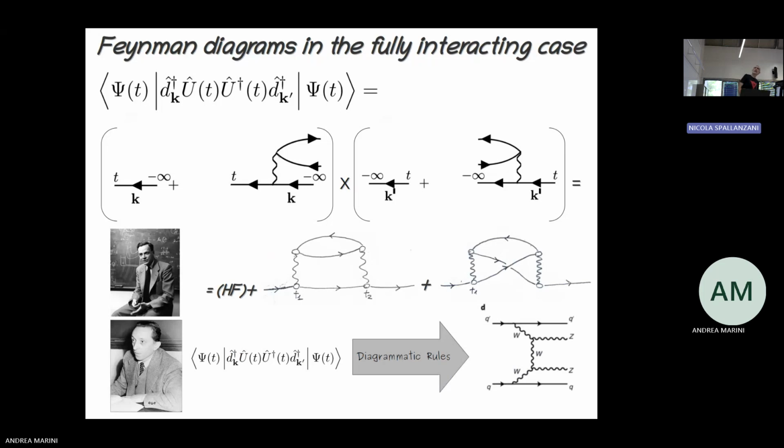Now, you say, okay, this is very nice, but then how do I do it in general? To do it in general, well, you need a series of tricks that are grouped in the diagrammatic rules. So in the diagrammatic rules, with one key rule, I always say because I'm very patriotic. So one big rule was played by an Italian, Giancarlo Wick.